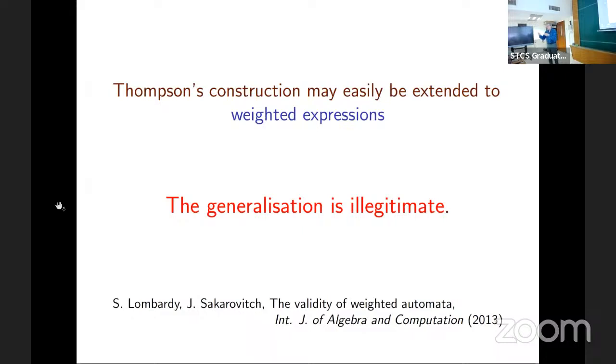And you understand that if you put on the left or on the right of your Thompson automaton a transition which is labeled by 1, but with the weight k, it will do the job.